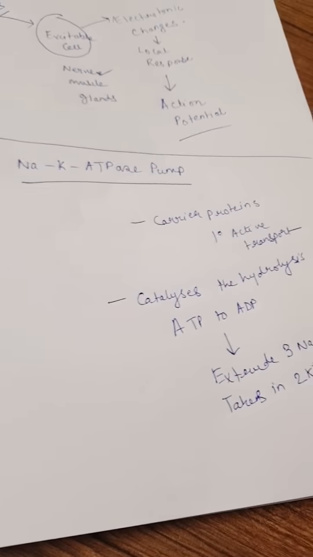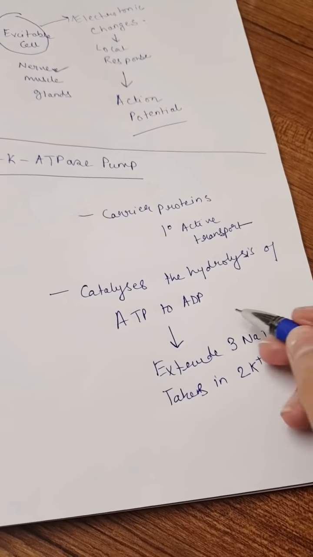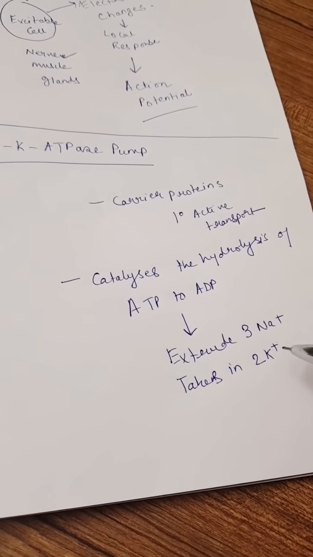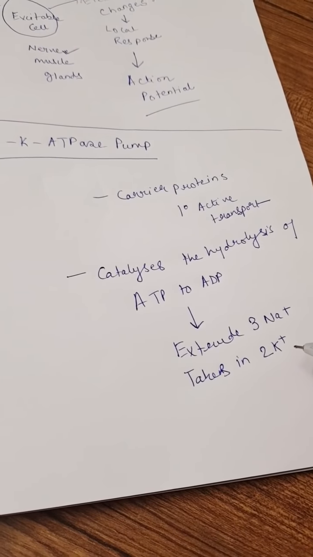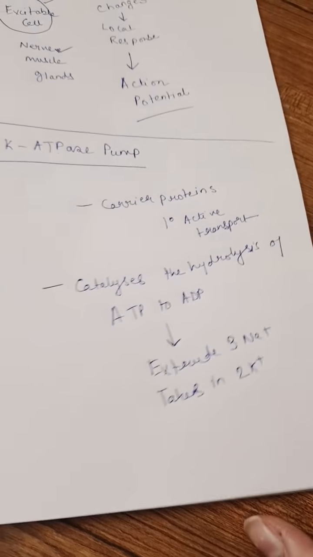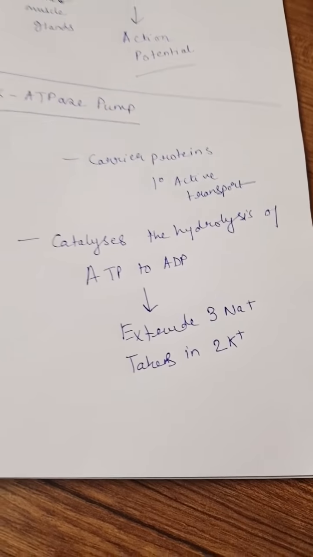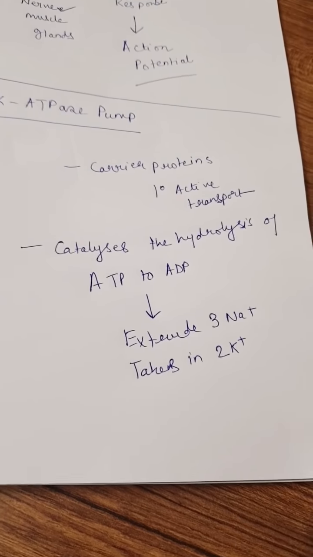Okay, so what is happening? It is extruding 3 positive charges and taking in 2 positive charges. So there's a deficit of a positive charge and thus it is creating some electrical differences.